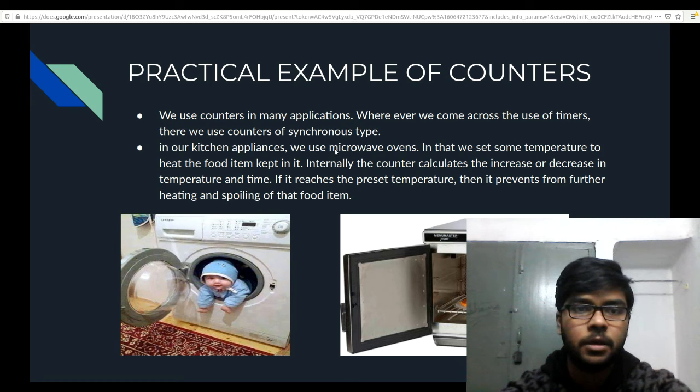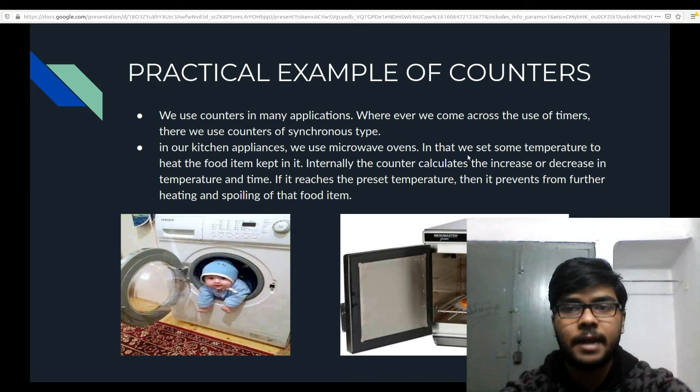In our kitchen appliances, we use microwaves. In that, we set some temperature to heat the food item kept in it. The counter tracks the increase or decrease in the temperature over time. If it reaches some preset temperature value, it stops there. For that logic, we use a counter.